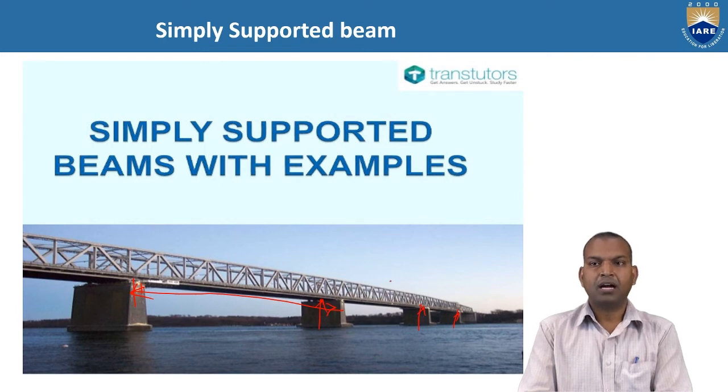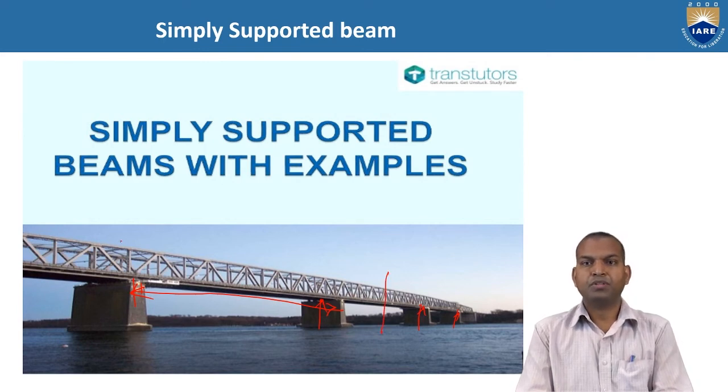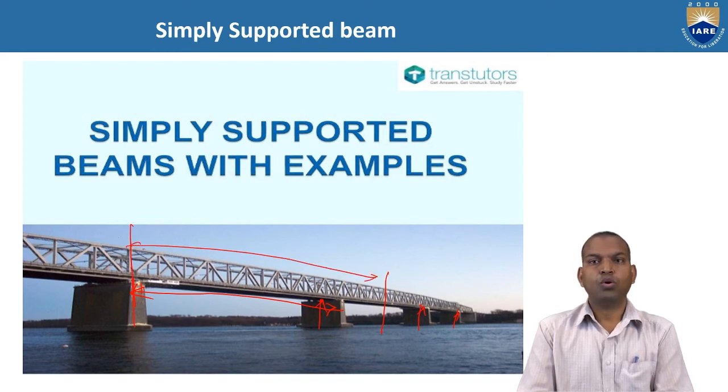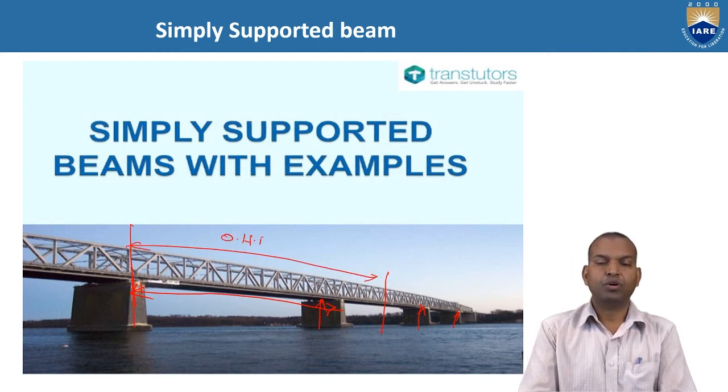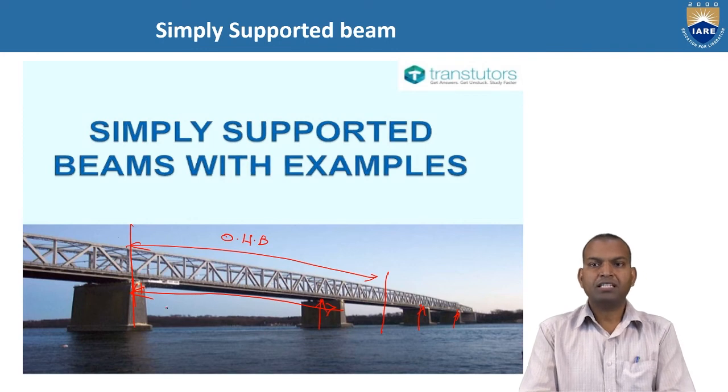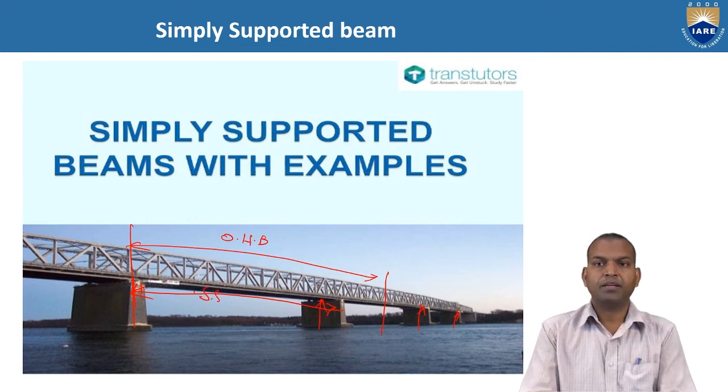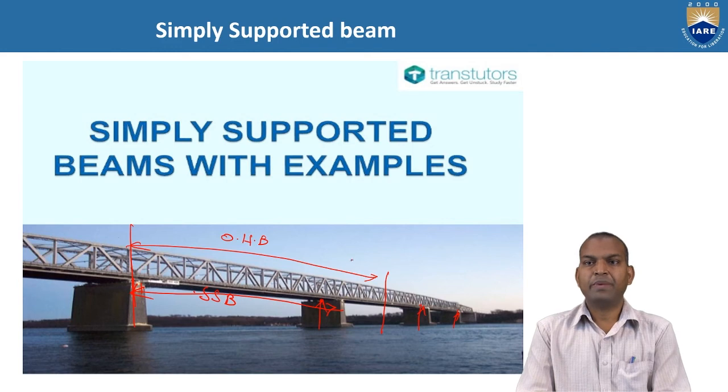If we extend it up to here, from this portion to this portion, then we call it an overhanging beam, whereas this length is a simply supported beam. If we consider only this portion to this portion, it is a cantilever beam, CLB.